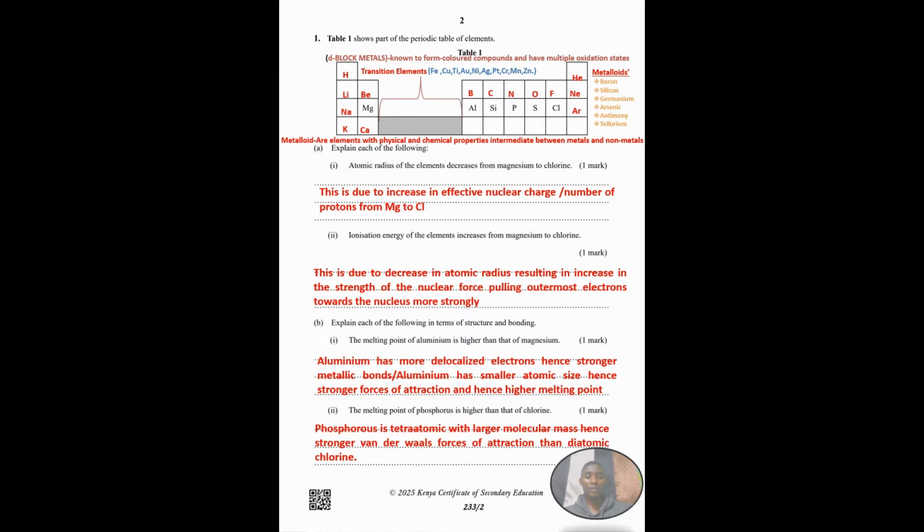So the main reason is phosphorus is tetraatomic with larger molecular mass, hence stronger van der Waals forces of attraction than diatomic chlorine. So that is the reason why the melting point of phosphorus is higher than that of chlorine.